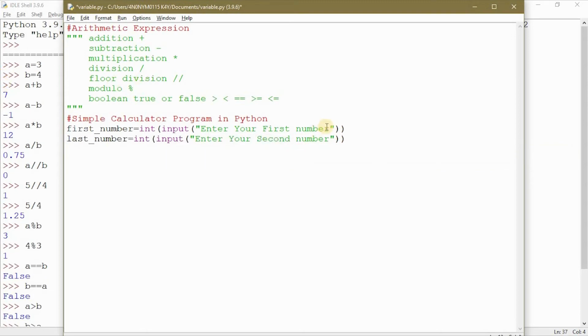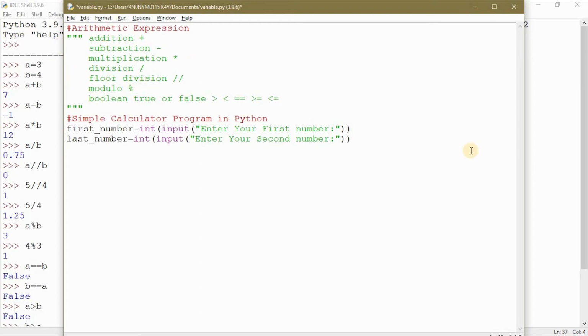Fine, you've already collected the user input. So what are the necessary things? I want to add the numbers together, subtract, multiply, divide, the floor division, and then the modulo.